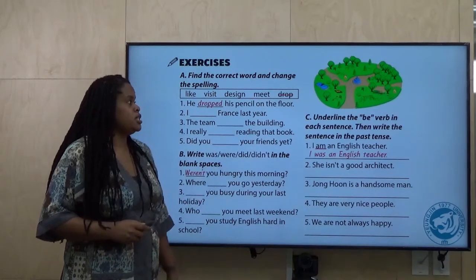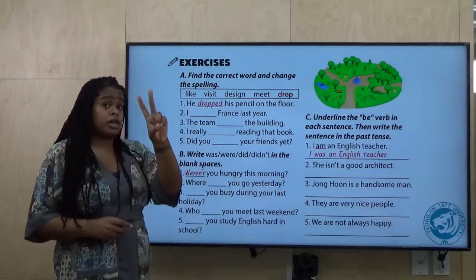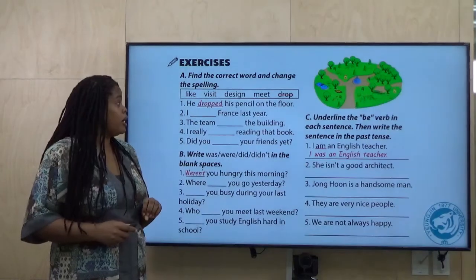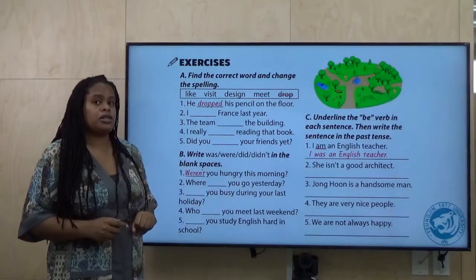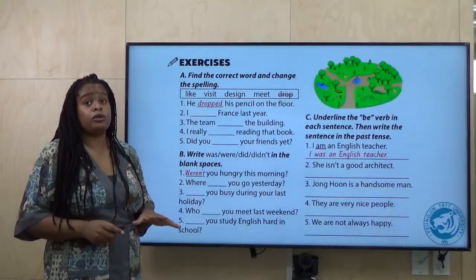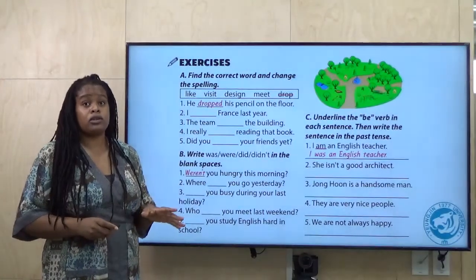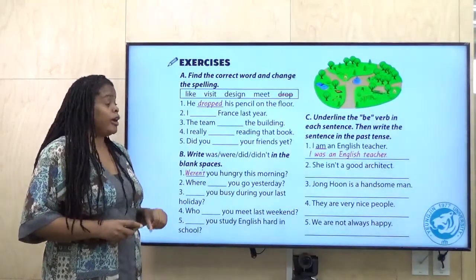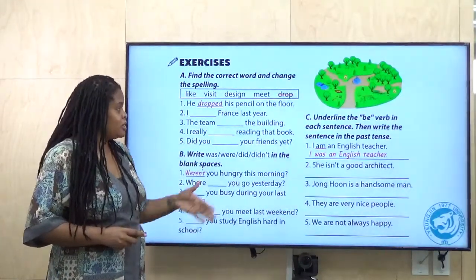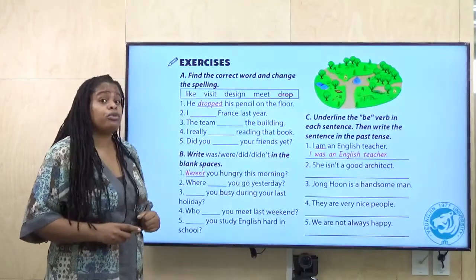Okay, section C. You're going to do 2 things. Section C is a 2-step activity. Number 1, underline the be verb in each sentence. So we learned about the be verb in week 1. If you don't remember, go back to your week 1 PowerPoint. Number 2, you're going to write the sentence in the past tense. So they've given you sentences in present tense.